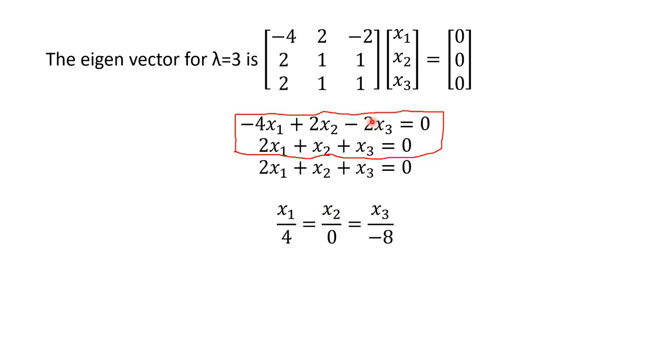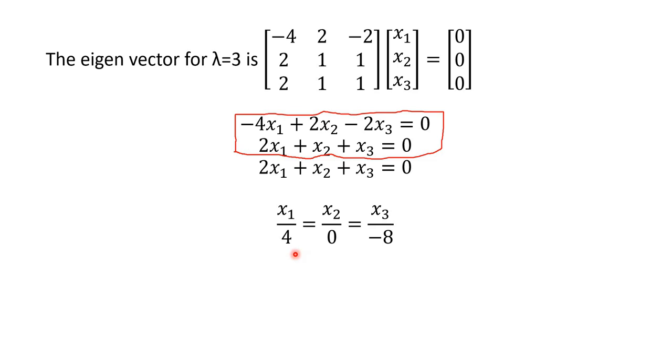So for x3 we take the x1 and x2 columns. For the x1 column we have minus 4 into 1, so minus 4 minus 2 into minus 2, that is minus 4 minus 4, which is minus 8. So x1 by 4, x2 by 0, x3 by minus 8.